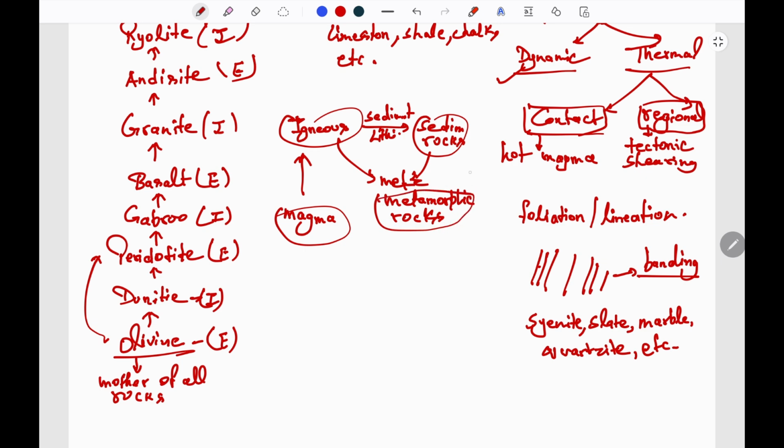Now this metamorphic rock can also undergo lithification, or it can be formed into sediments, so it can also form the sedimentary rocks. Now in the subduction zone, these metamorphic and sedimentary rocks undergo partial melting and form magma, and this magma again solidifies in the form of igneous rocks. So this is the rock cycle.